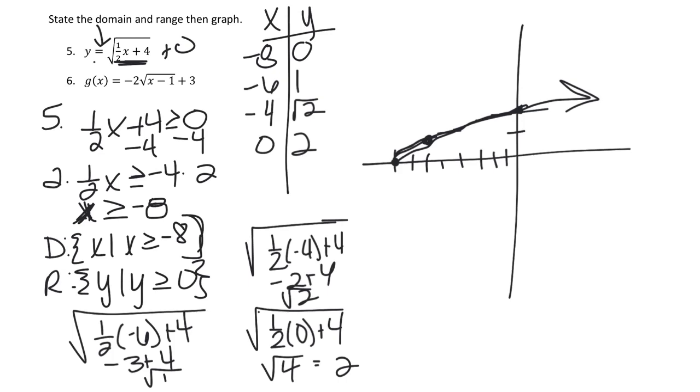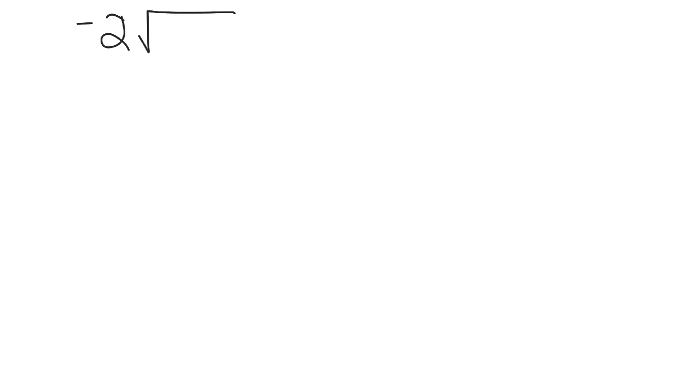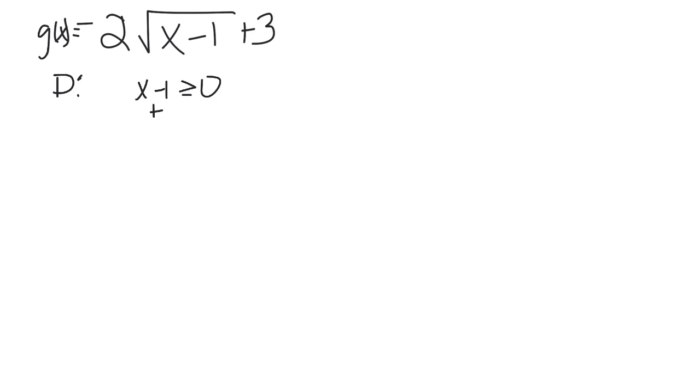Let's draw number 6. Negative 2 square root of x minus 1 plus 3. Okay, so we're going to first find our domain restriction by looking at x minus 1 has to be greater than or equal to 0, because your square root has to be greater than or equal to 0, and we'll add 1.